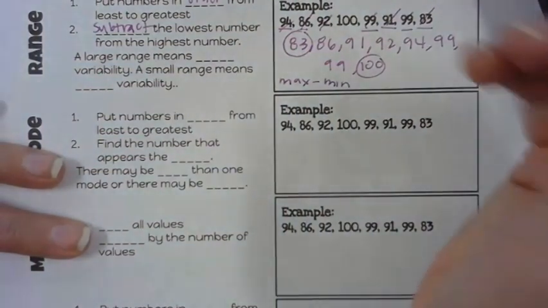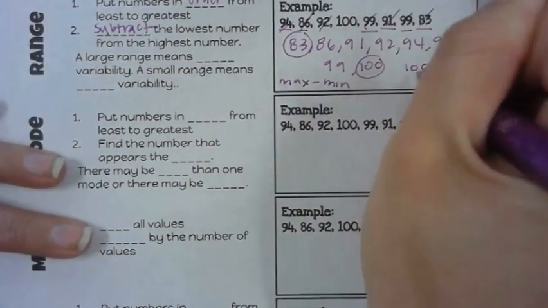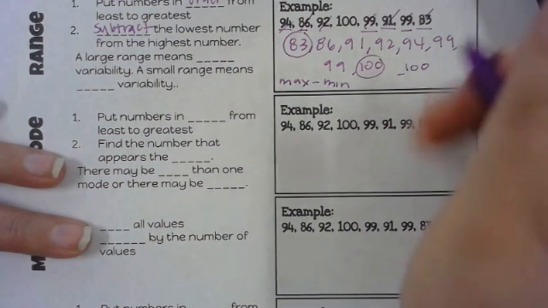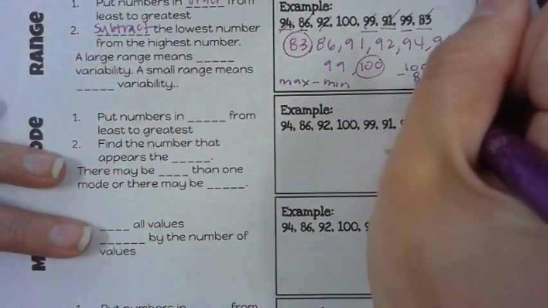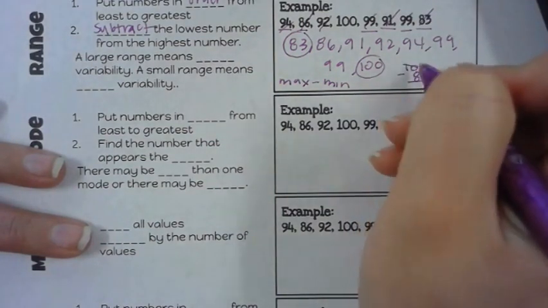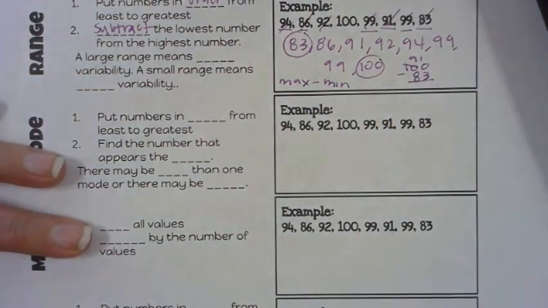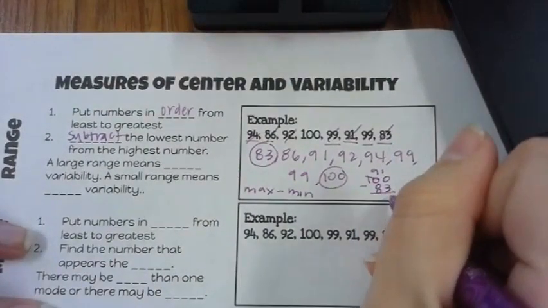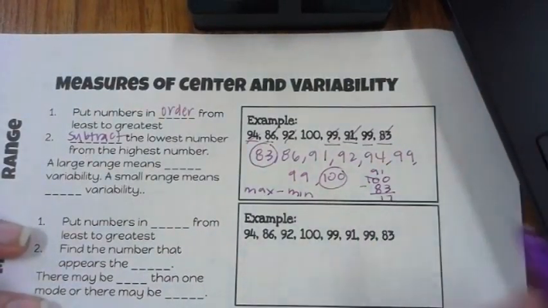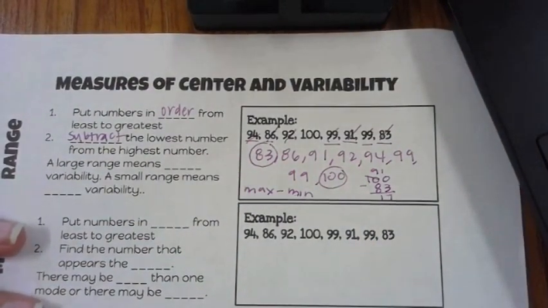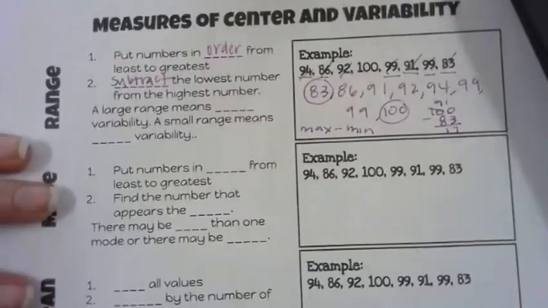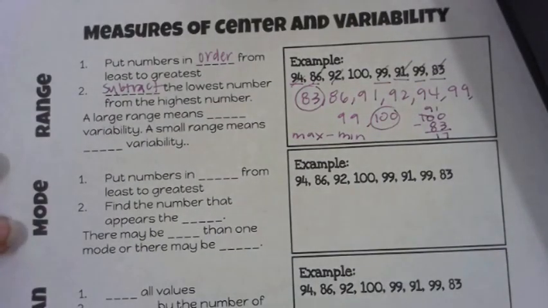So I would take my 100 and I would subtract 83. So I'm going to borrow from here. 10 minus 3 is 7. And 9 minus 8 is 1. So I know that my range is 17. My range is 17. Okay.